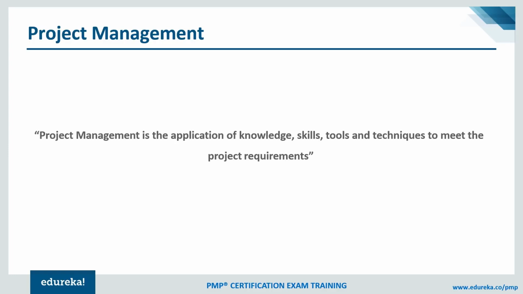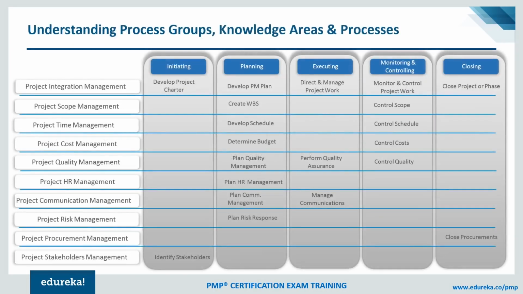Okay, so when we talk about the tools and techniques, and the processes, let us quickly understand what and where these tools and techniques are coming from. So this slide will give you a very good insight on how these processes, process groups, knowledge areas that you have been hearing about for the past 45 minutes, are connected, how they are related. So let me start from scratch here.